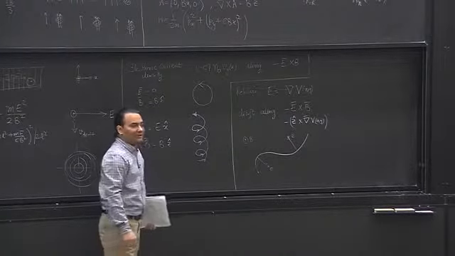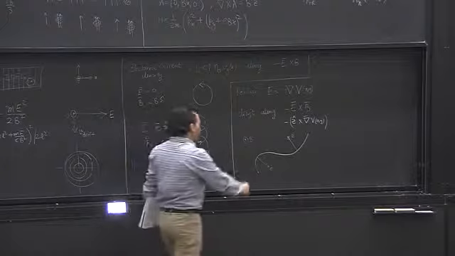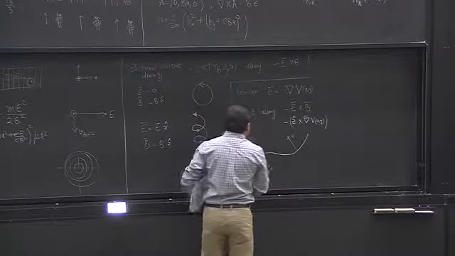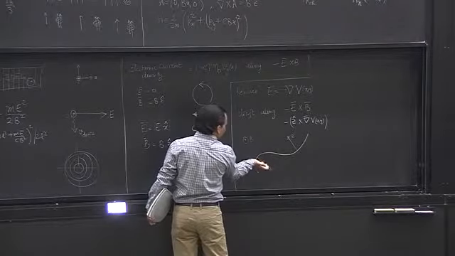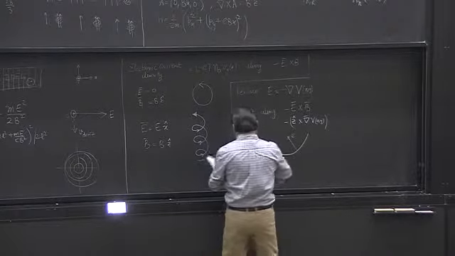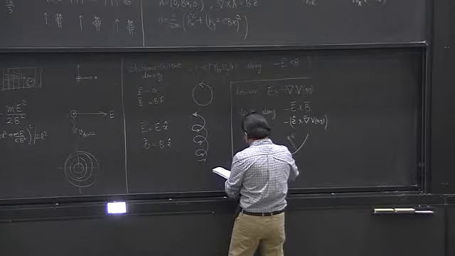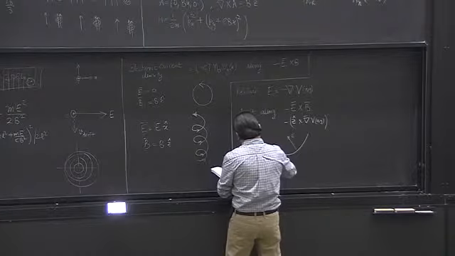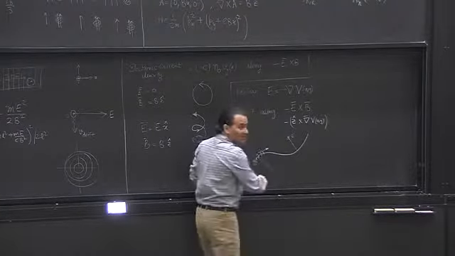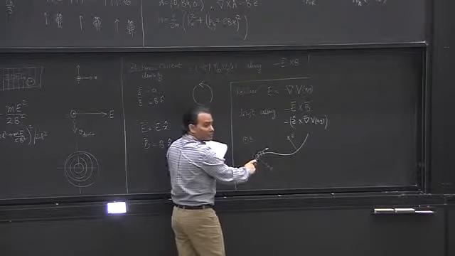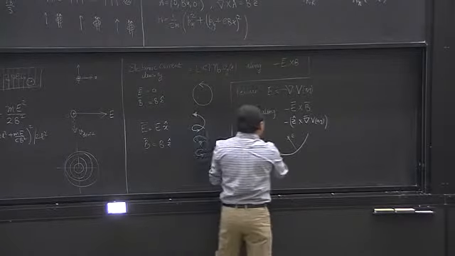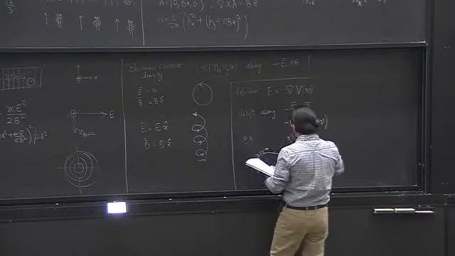What I've drawn here is an equipotential line. What will happen is the electron will drift now. Here, the drift velocity is E cross B, negative of this. So the drift is along here. This is how the cyclotron motion will look. You have circles, but with a drift in this direction. And here, the drift will be in the opposite direction.